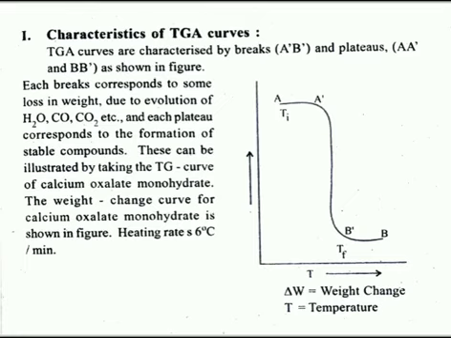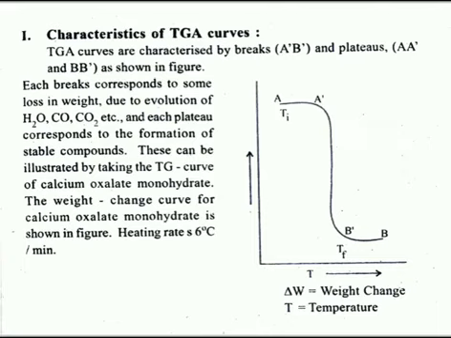So by plotting a graph between the weight change and the change of the temperature or time, we get a thermogravimetric curve, or TG curve, or thermogram. So this is the principle of thermogravimetric analysis.